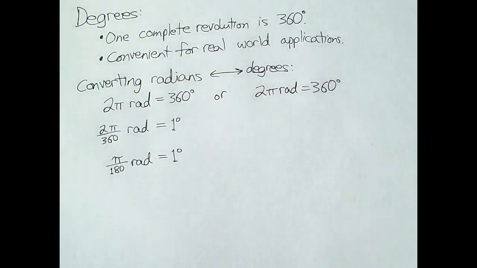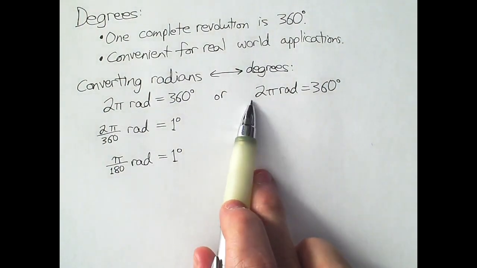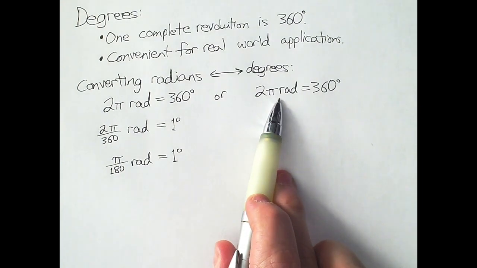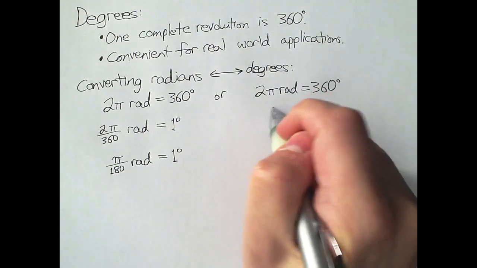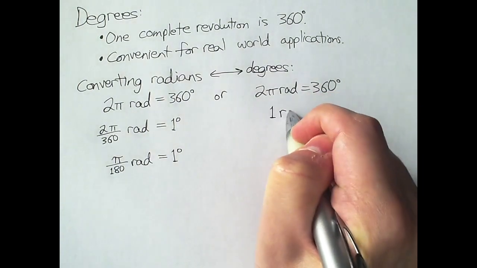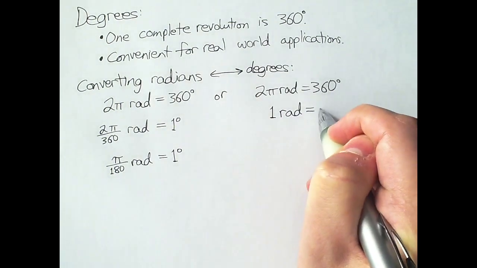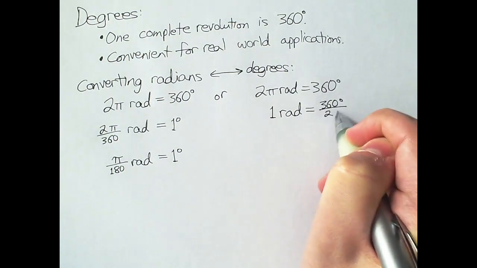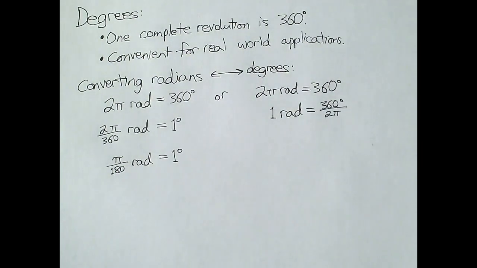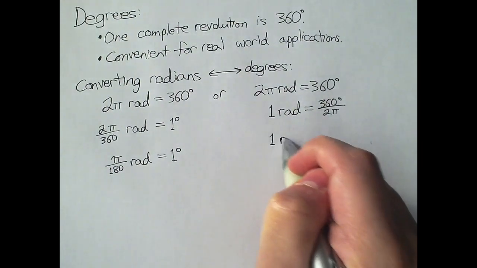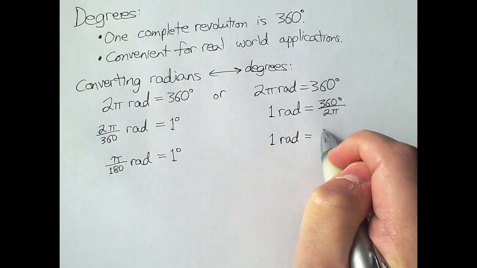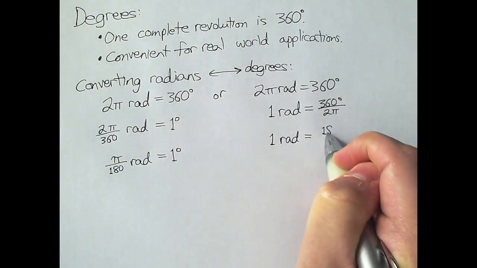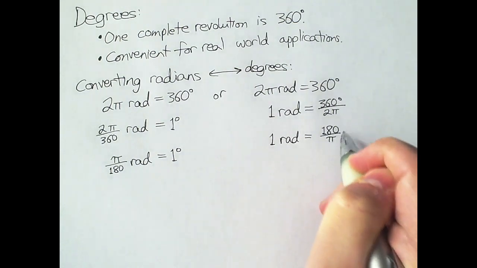Instead of dividing both sides by 360, I'm going to divide both sides by 2 pi. If I divide both sides by 2 pi, the left-hand side becomes 1 radian. The right-hand side becomes 360 degrees over 2 pi, which means 1 radian is equal to 180 over pi degrees.